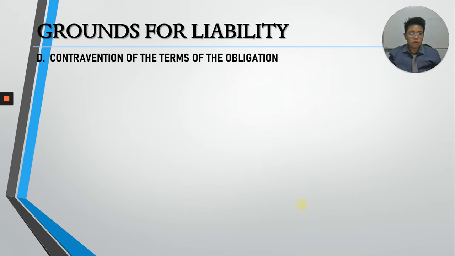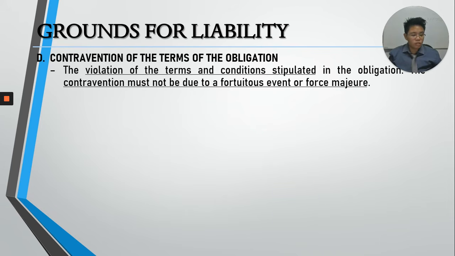Simple violation of the terms and conditions stipulated in the obligation. So here, the contravention of the agreement or violation of the terms of the agreement must not be due to a fortuitous event or force majeure.